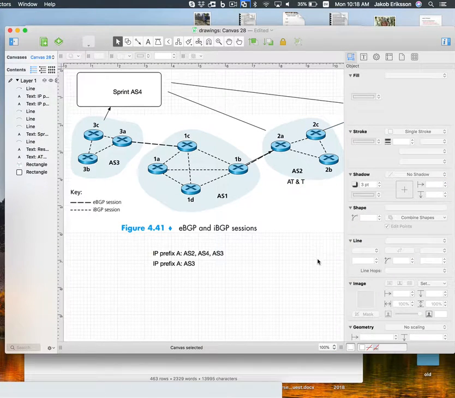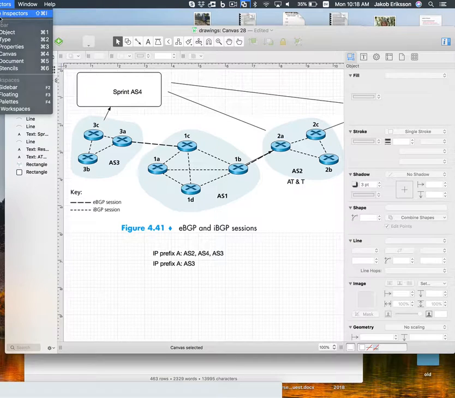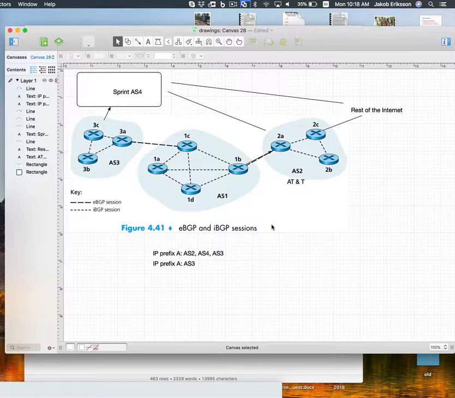Okay, so this is a somewhat simplified case because both AT&T and Sprint are top-level autonomous systems, core ASs, so they don't have providers. And all of the core autonomous systems, core providers, they're connected to each other, fully connected, I believe.